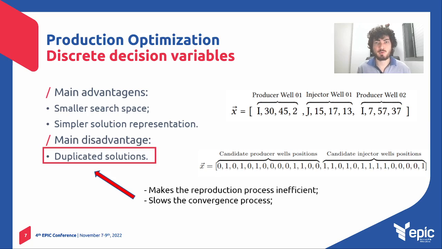It slows the convergence process, since you are using space in the current population that could be used for novel strategies. It is a waste of time and resources, since you will perform reservoir simulation with solutions whose results you already know. And it also needs to be addressed carefully.